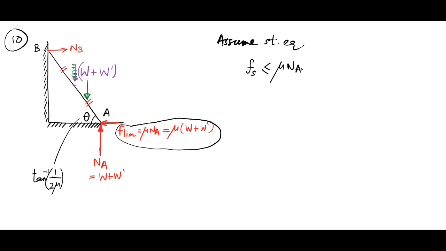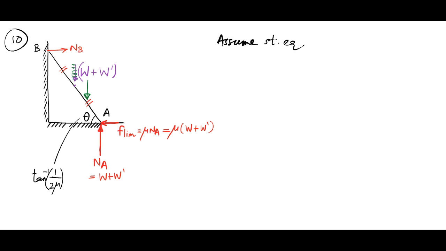So that's the check, how we figure out whether the ladder remains in static equilibrium or not. So let's see what has happened. W plus W dash has moved nearer to A. Assume static equilibrium.